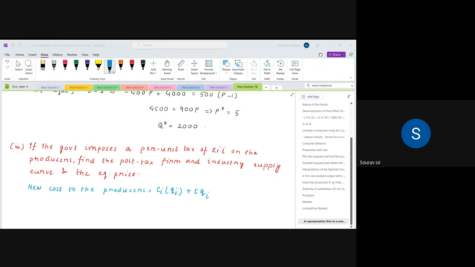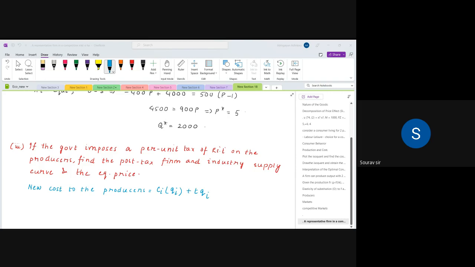Correct? Every unit of output that the producer produces and sells, it needs to pay a tax of T rupees. So T into Q_i becomes the total tax that the producer has to pay for producing Q_i units. Correct? So this T times Q_i is actually the additional cost, right?